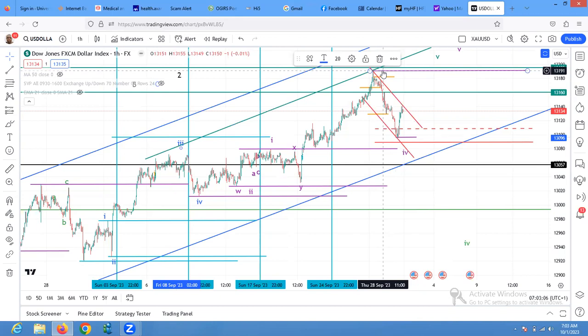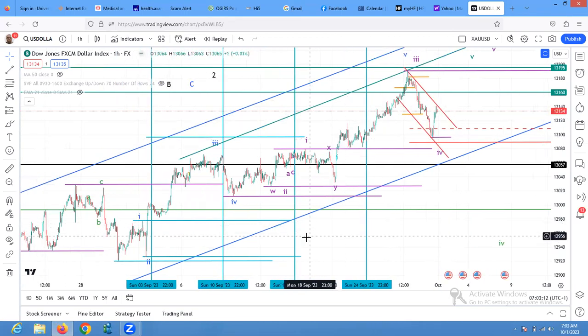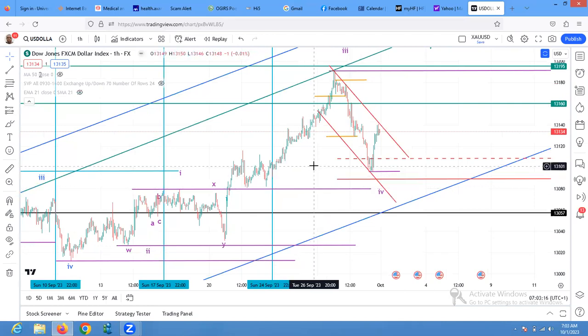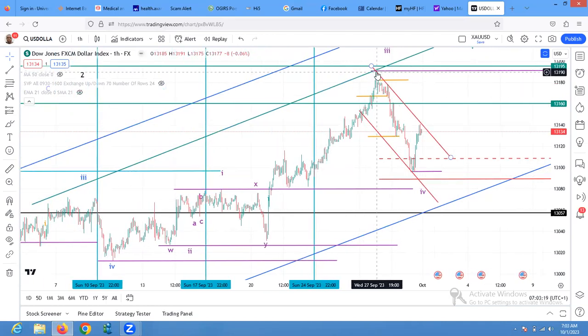If you take this as a 3, and that we've not done, first we have to be sure that we have completed this one. And that's how they can manipulate structure here.